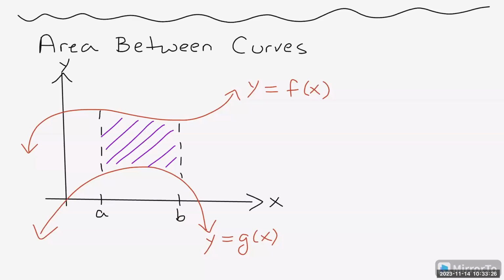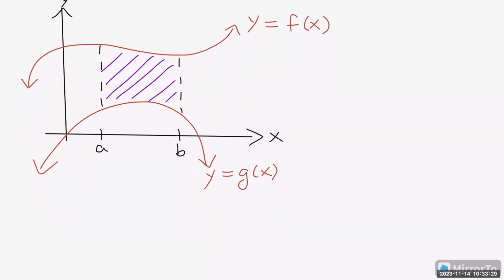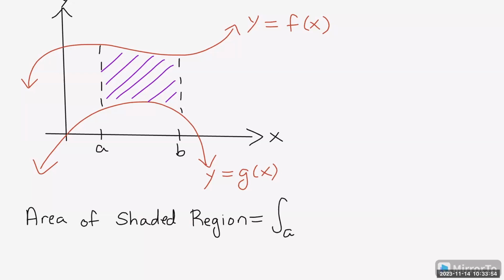And so using the idea of the definite integral being the area underneath a curve, we can say that the area of the shaded region, when our shaded region is between two curves, can also be represented by a definite integral, because we know that the definite integral from a to b of just f of x, I'm not going to quite write the dx just yet, I'll write it in a moment.